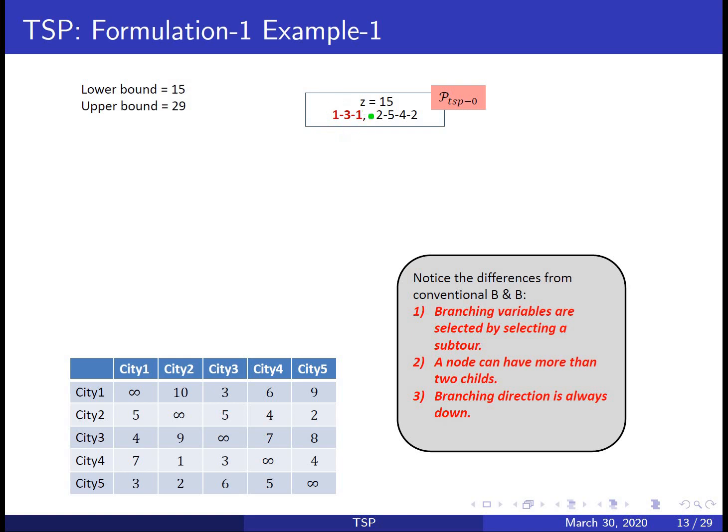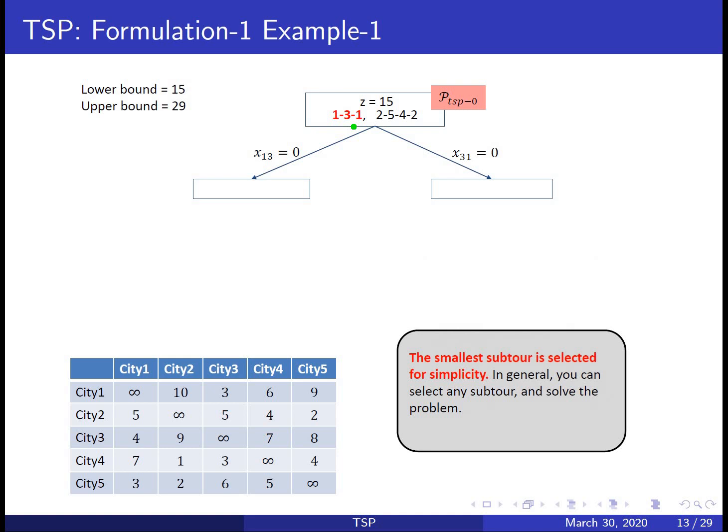So now I am going to select this subtour because it has fewer arcs, and based on the number of arcs I will have the children. Here I have one child for x13 equals 0 and I have another child for x31 equals 0. Now from these two children I am going to select one and solve. Selecting the child is also part of the strategy.